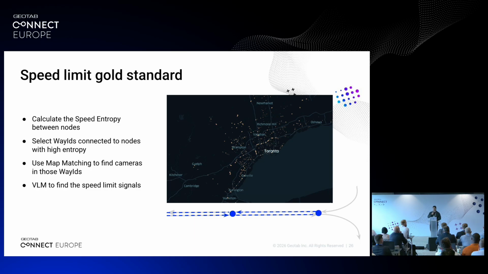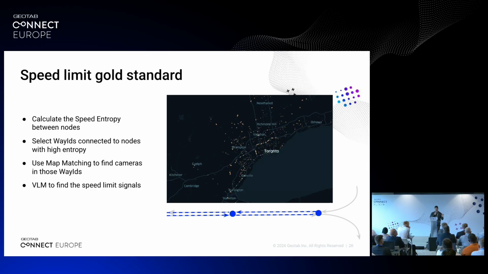So we decided to take a look at it and see what we could do now with the new tools. With the model we trained, we also created a parameter of entropy. I have an image on the bottom right there, where you can see it's very basic. You can see lines and points. That's basically how OpenStreetMap is represented.